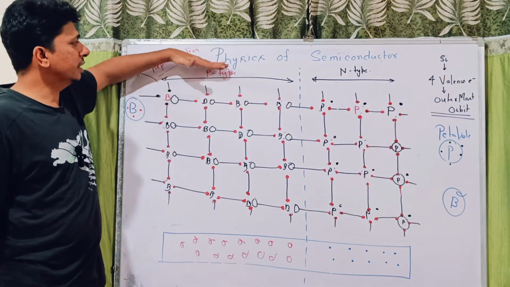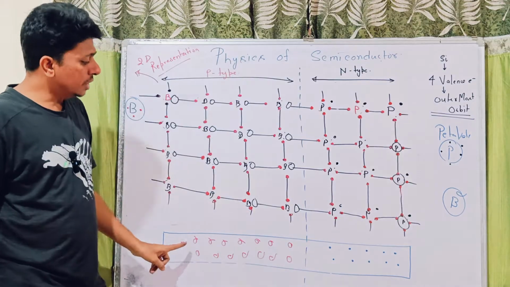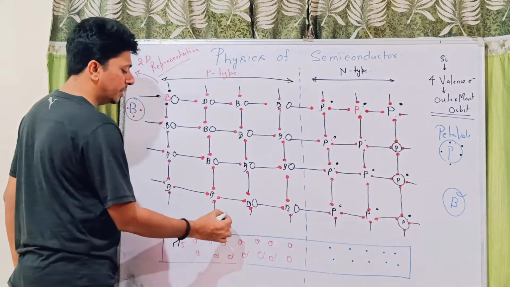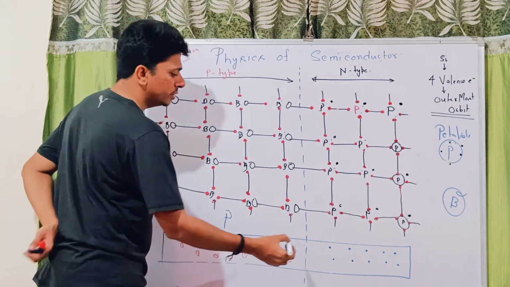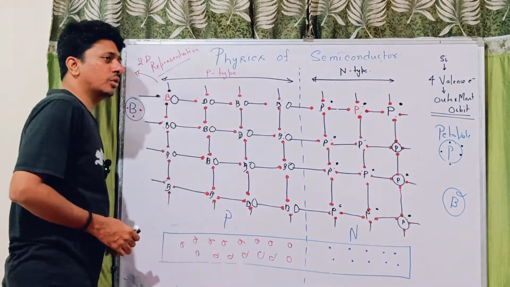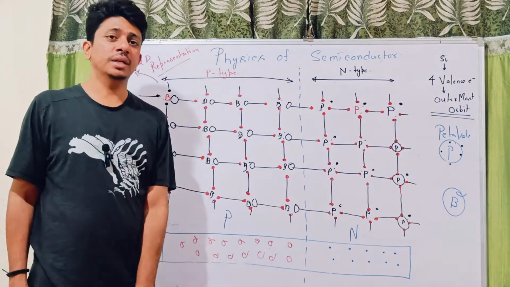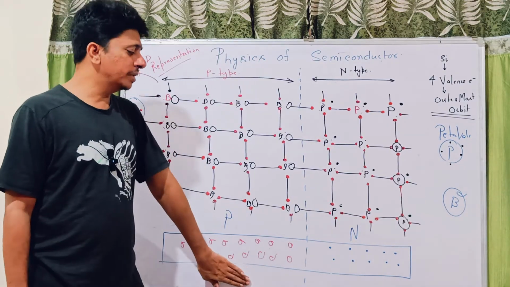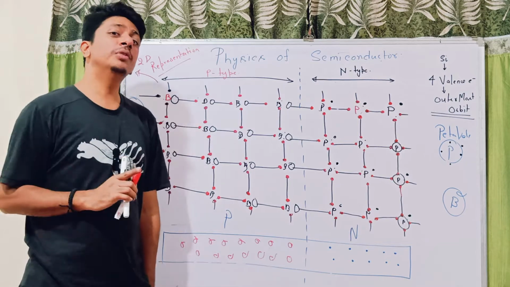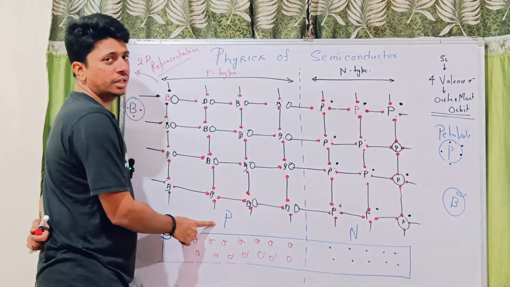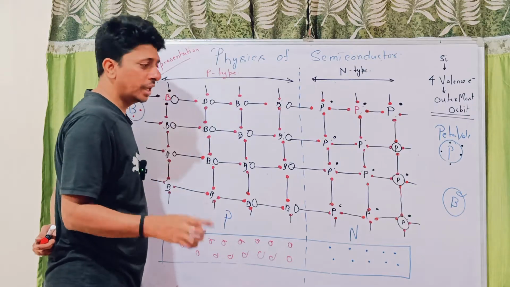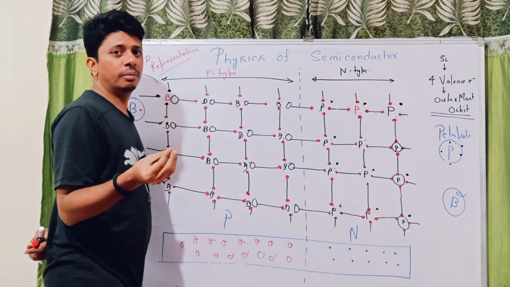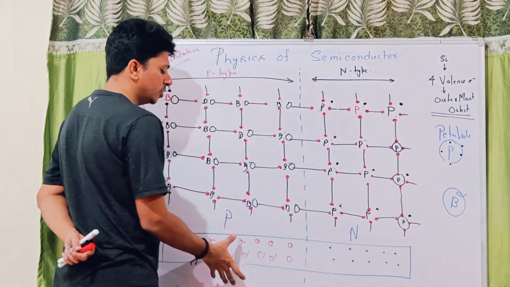So this is basically a p type, and this is an n type. And this is the exact representation which you see in books. For p type, they draw a large number of holes, and for n type, a large number of electrons. This picture we often see, but from now onward we will remember in the back of the mind that this p region has lots of covalent bonds, and this n region also has lots of covalent bonds.